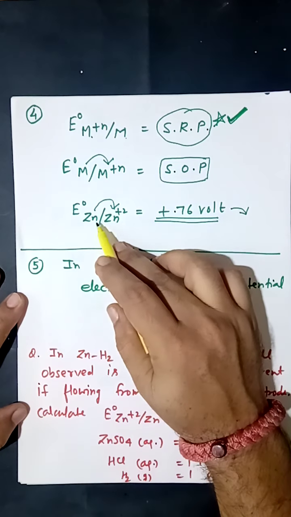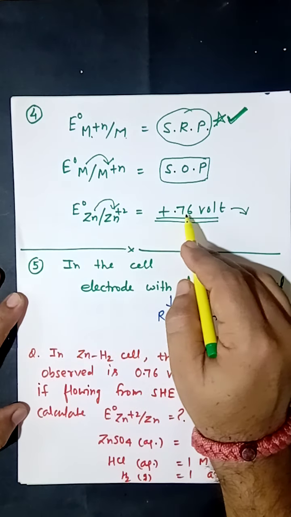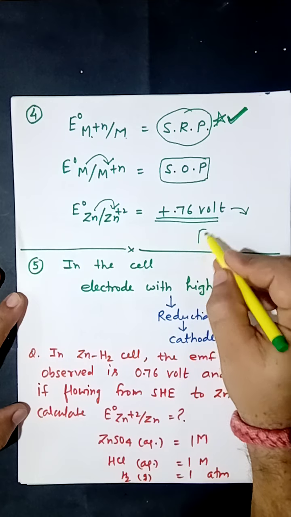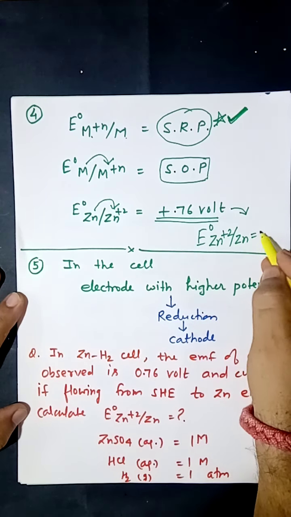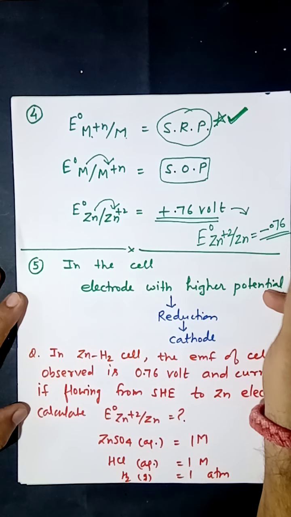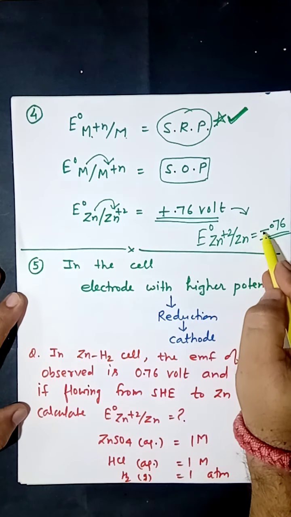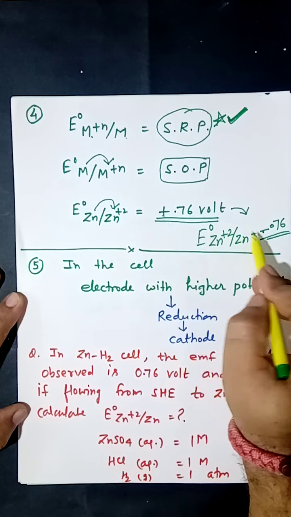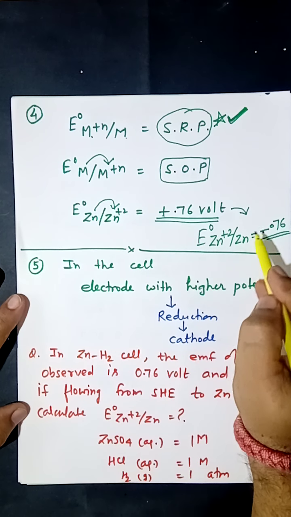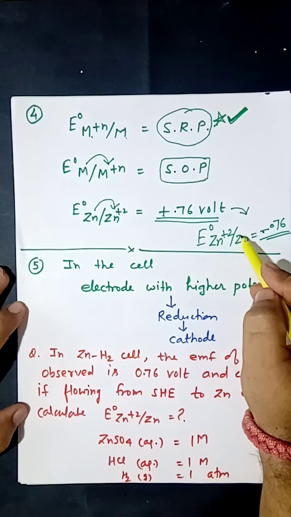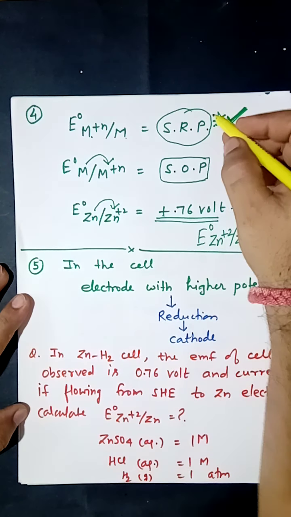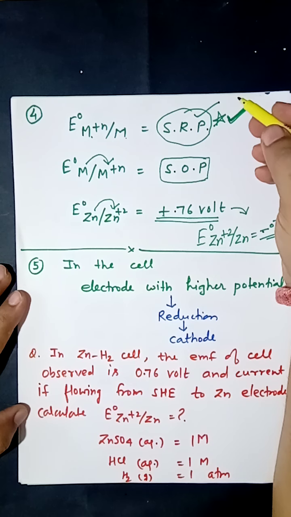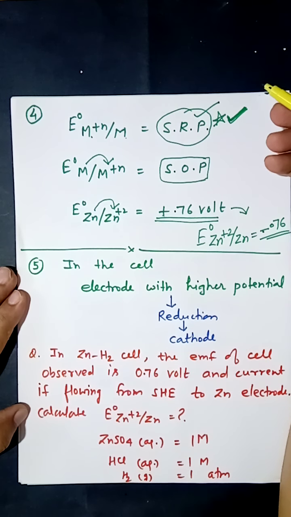For example, here the oxidation potential of zinc is plus 0.76. It means the reduction potential of zinc will be minus 0.76 volt. If it is minus, then it will be plus, and if it is plus, it becomes minus. So by changing the sign, we can change oxidation potential into reduction potential. Once again I repeat, you need to use only standard reduction potential for all types of calculation.